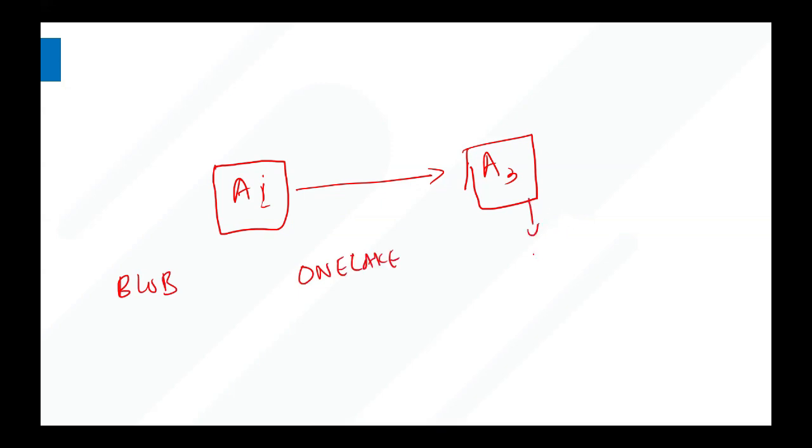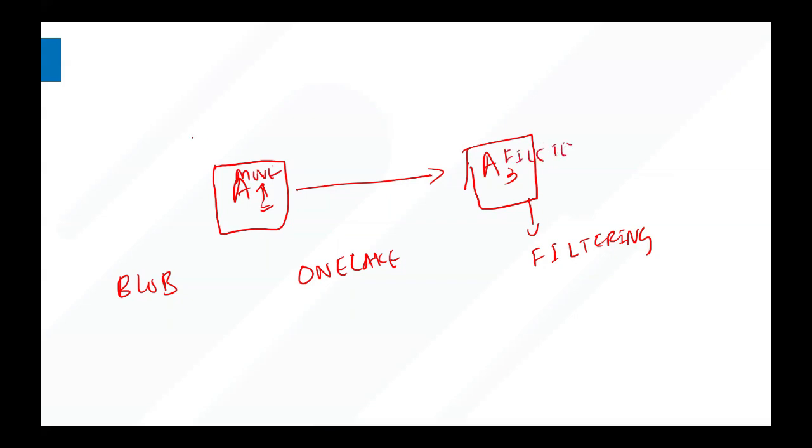Let us take an example now. We have activity 1 and activity 2. Activity 1 moves the data from blob to one lake. Activity 2 performs filtering. Okay, so you guys have got it. Activity 1 moves the data, activity 2 is filter.